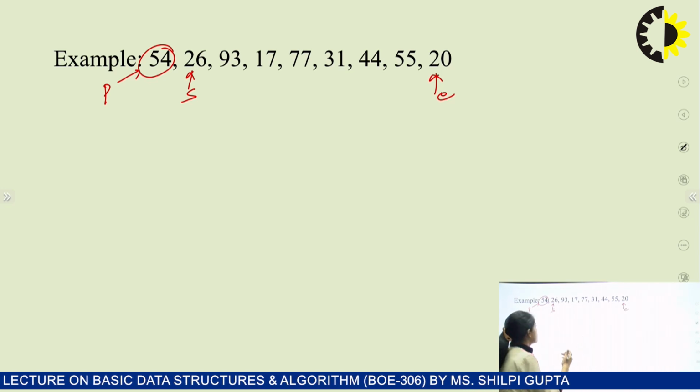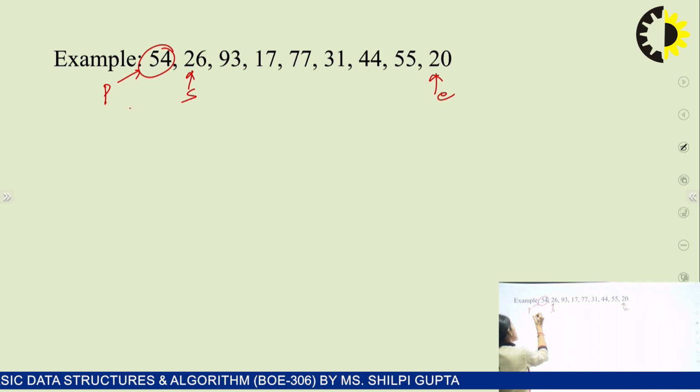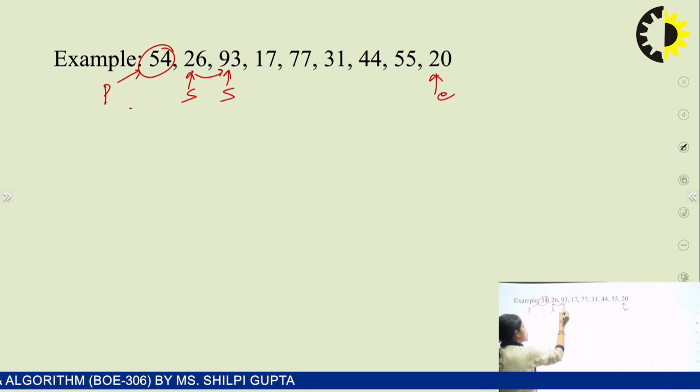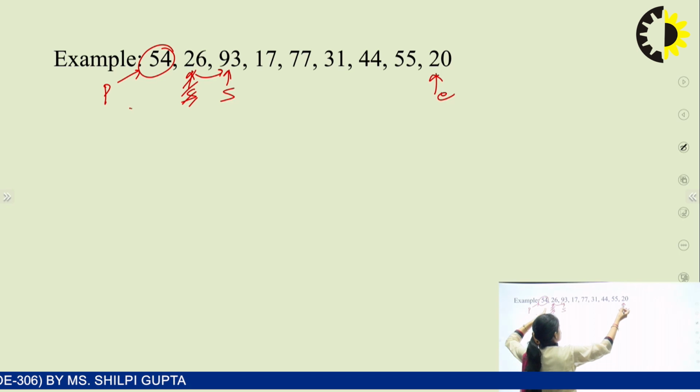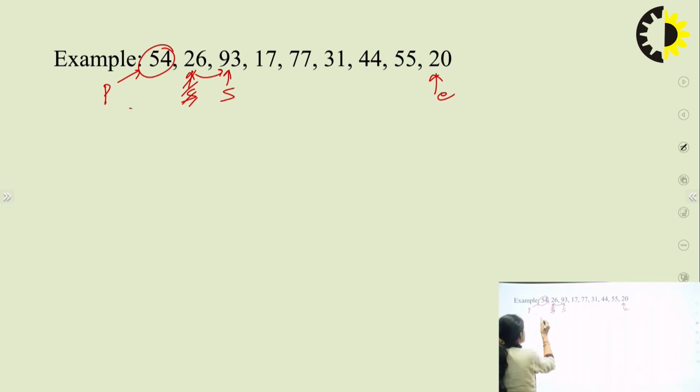Start and end. Now compare these two. It will move forward. It will stop here. Compare these two. This is already smaller. We will stop here only. So swap S and E because they have not crossed each other.